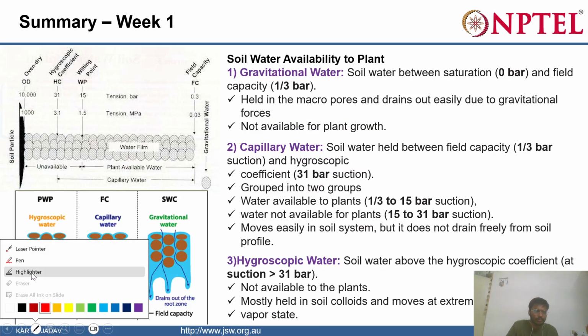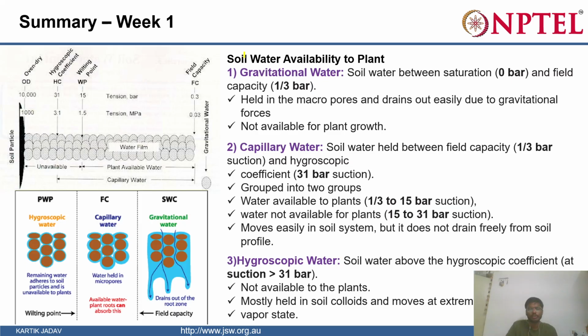So there are different kinds of soil water availability to plants that we have to look over, because this is ultimately designed based on your soil type. This helps us understand, if we are irrigating certain soils, what amount of water is available for crops. So understanding this concept is very fundamental.